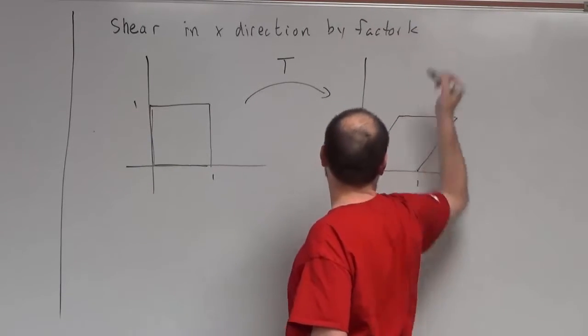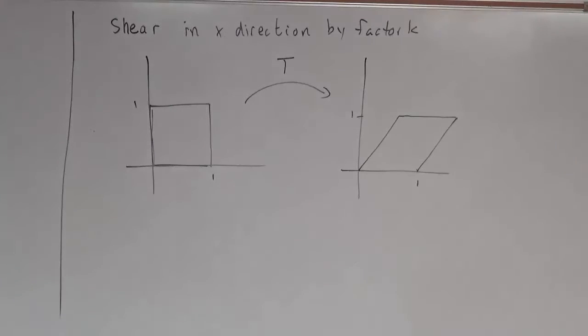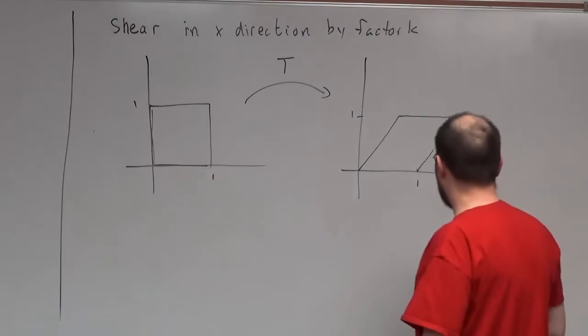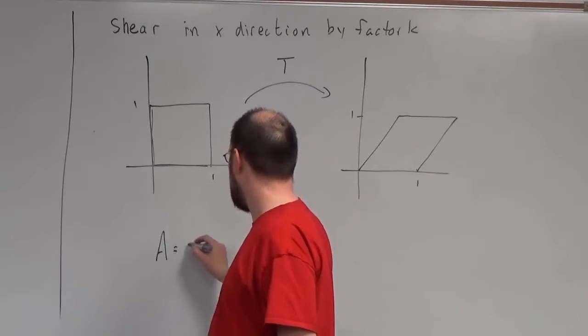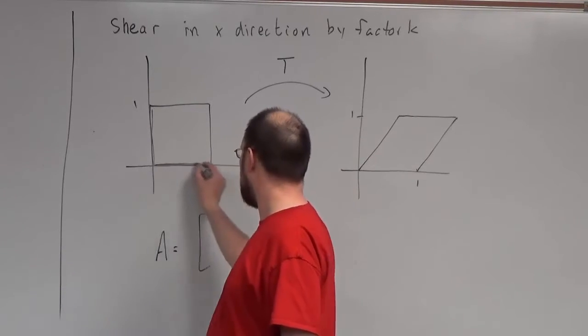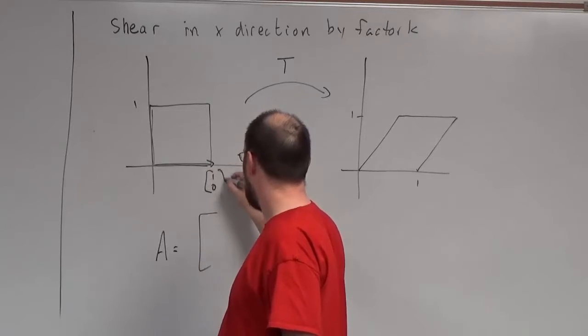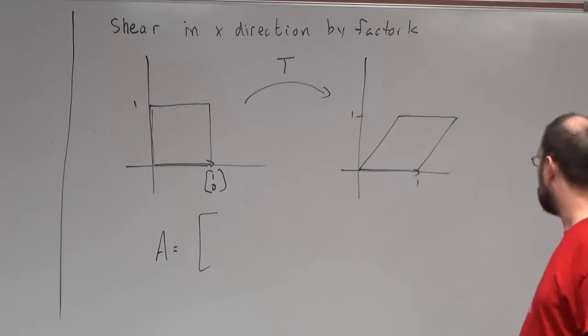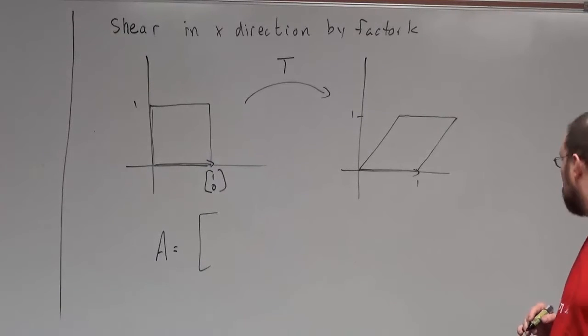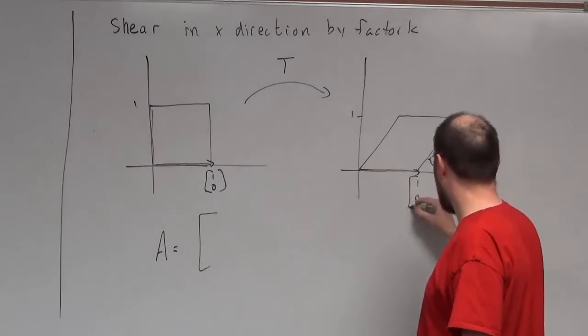Let's call it K. Okay, so what's our matrix? Well, this is the first standard basis element right there. When it's transformed, it remains itself, correct? It's still 1, 0.